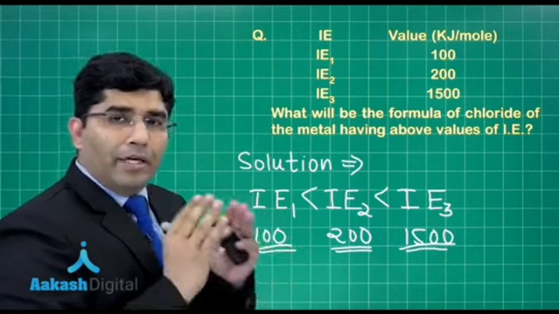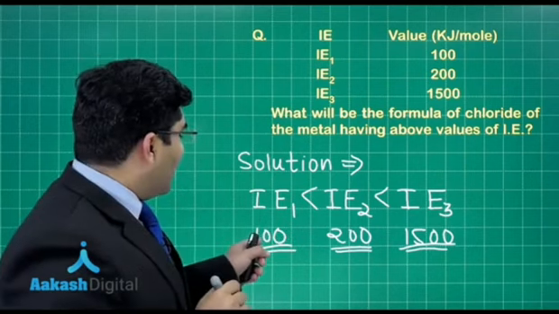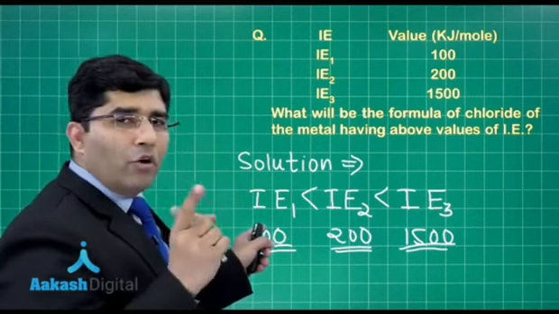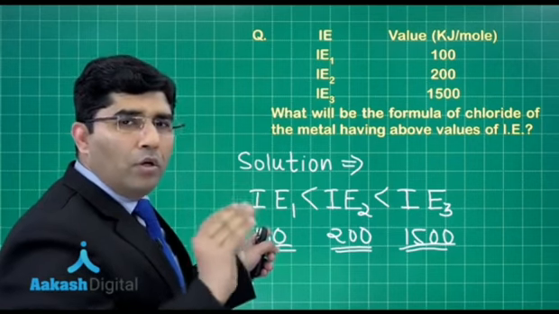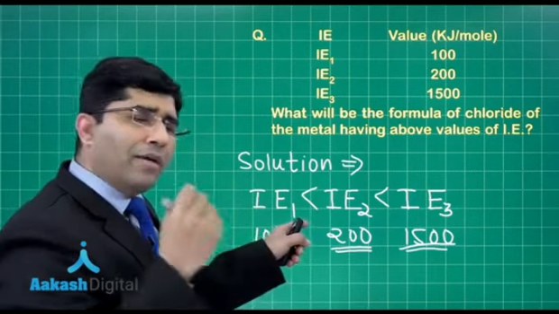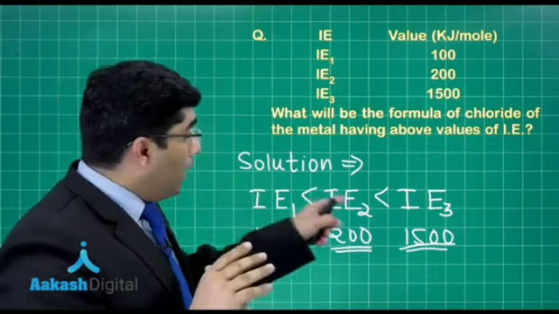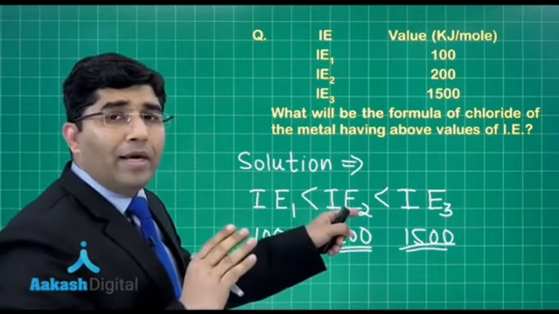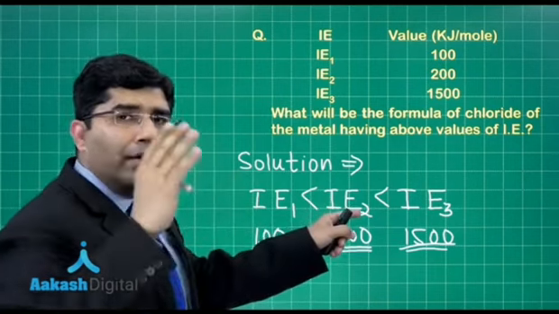It means that we can eject the first electron very easily by giving 100 kilojoule per mole. Then the second one is 200, that also we can eject, but for 1500, the value is very high. It means that the valency of that metal is 2.